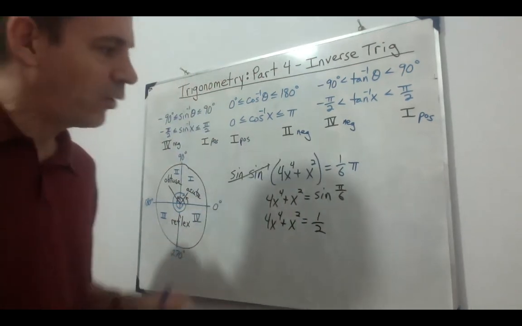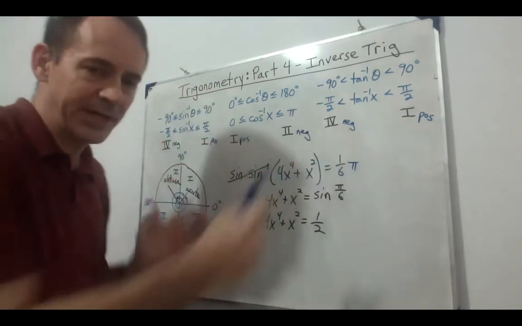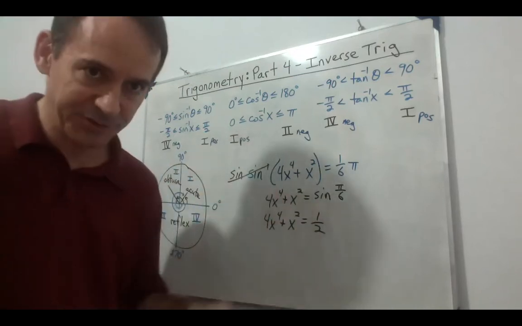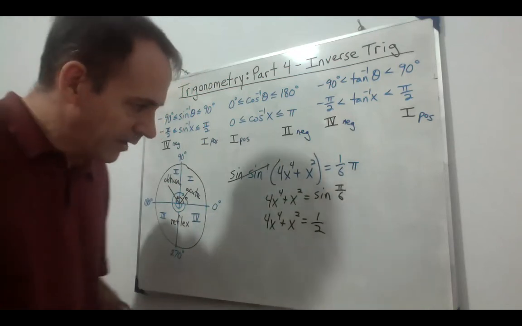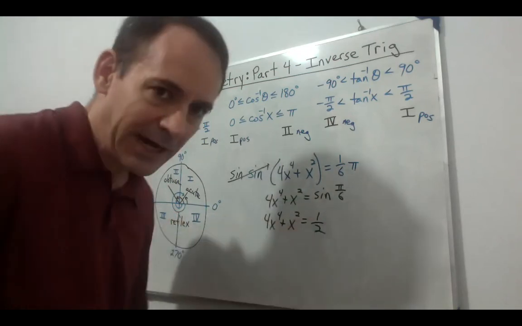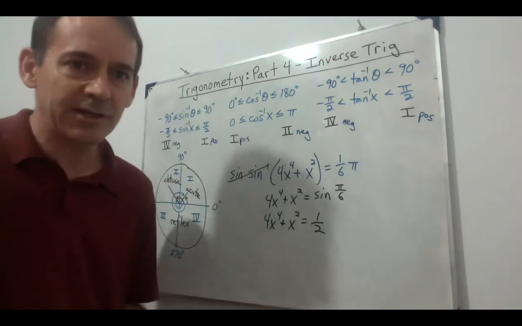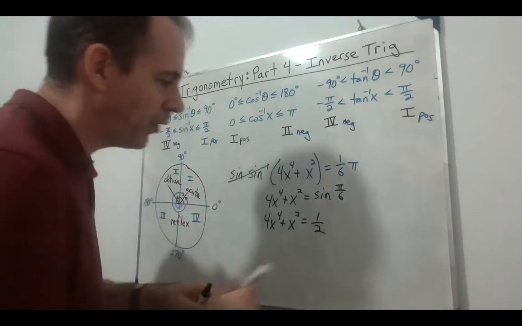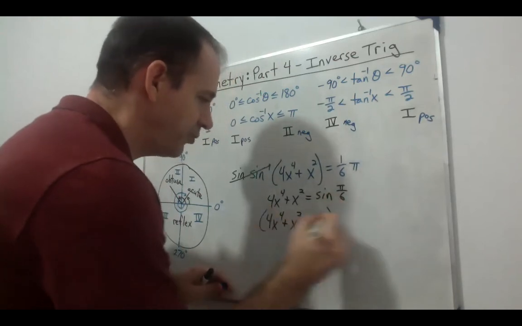Well, now we've left the trigonometric platform, and now we're in a purely algebraic platform. So what happens when we have a fraction in an equation? Well, we want to clear the fractions because nobody likes to work with fractions. So we're going to multiply everything by 2.